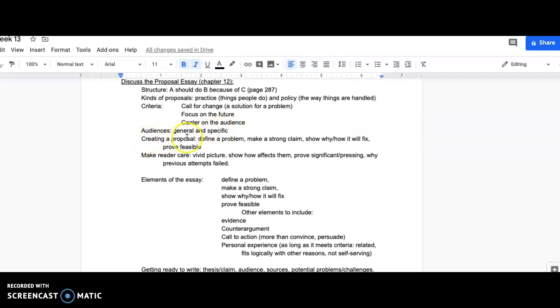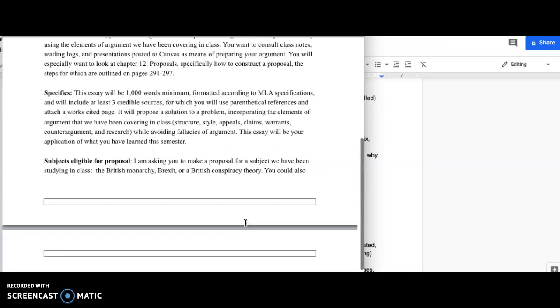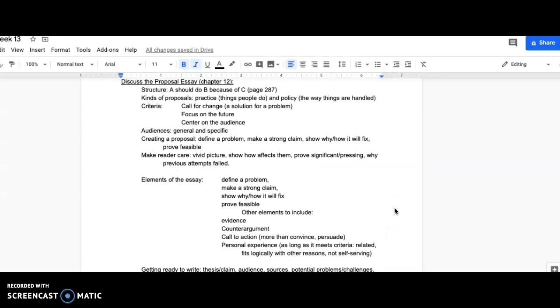So, creating a proposal. How do you go through it? What are the steps for creating this proposal outline? Define a problem. You have to first identify a problem, and oftentimes that will come through research. So you have to think about what are some of the issues or topics that are allowed in this outline, right? So Brexit, the monarchy, you've already done research.